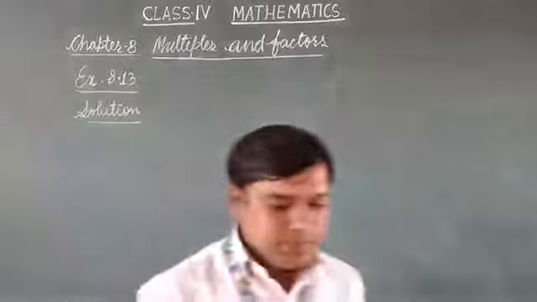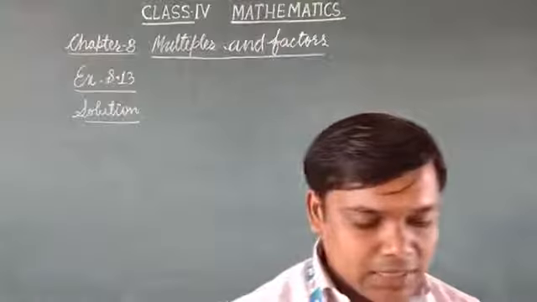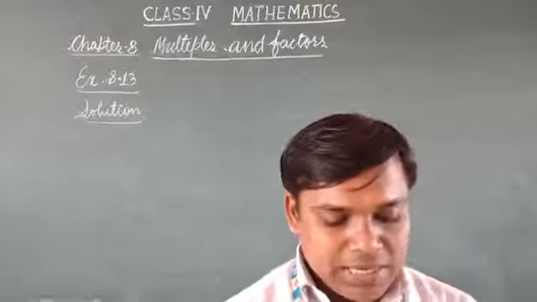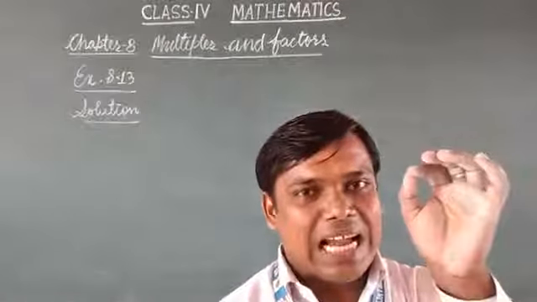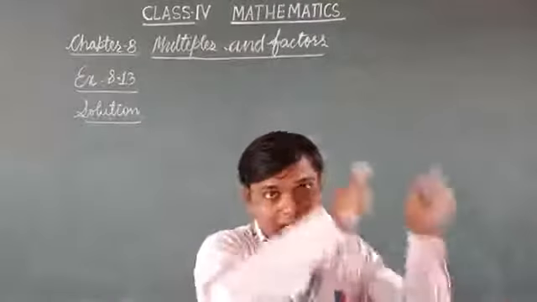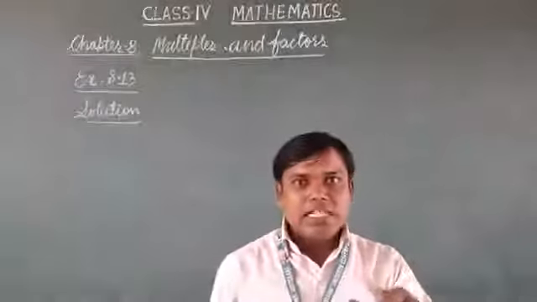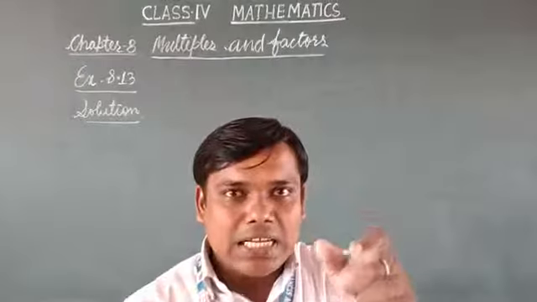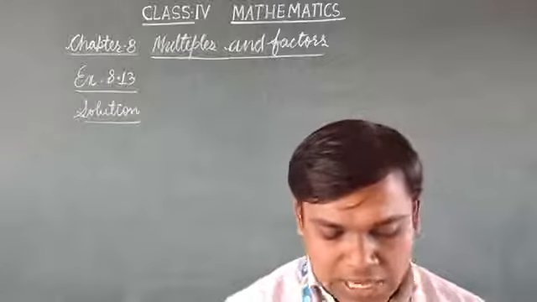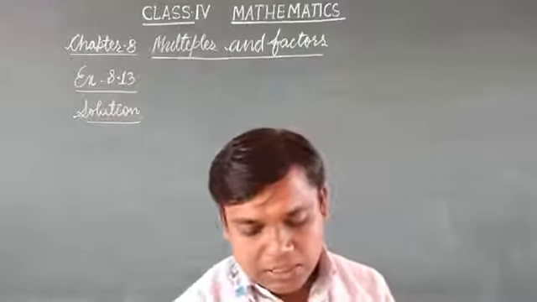It is written here, find the highest number which divides 27 and 45 exactly. Means we have to find a number which divides the given numbers. In this case, we will calculate the HCF of the numbers.